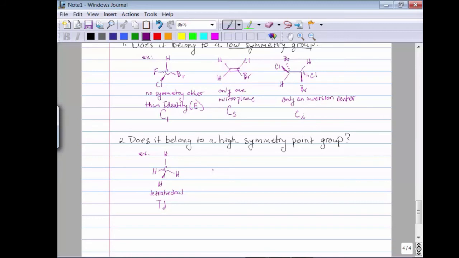Another one is the octahedral point group. This is another high symmetry group. I'm just drawing little L's for ligands. So if you see an octahedron, it belongs to the octahedral point group. There is something called the icosahedral point group, and this one is really hard for me to draw, but I'll do my best. And you won't see very many examples of this in my class.